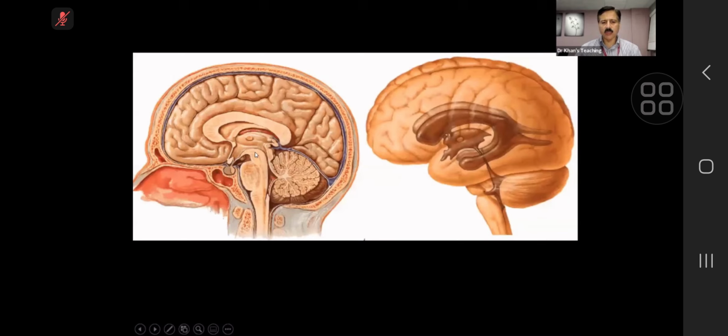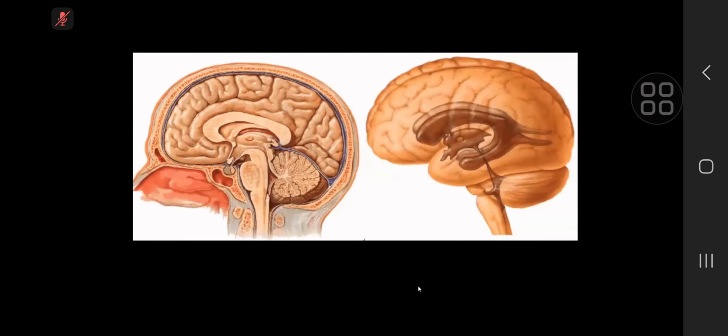Now when you are in an axial slice, you have to understand that when I'm going through the midbrain, suppose the slice is going like this. So you have to keep thinking like this.